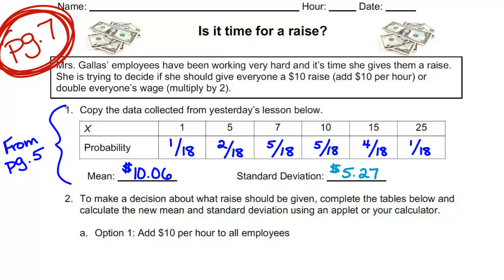To get L1, you do 2nd and the number 1. If you look, it's in blue right above the number 1. Then you need a comma, because now you're going to tell it where the probabilities are. That's the frequency list. So 2nd and the number 2 for List 2. Close your parentheses and hit Enter.